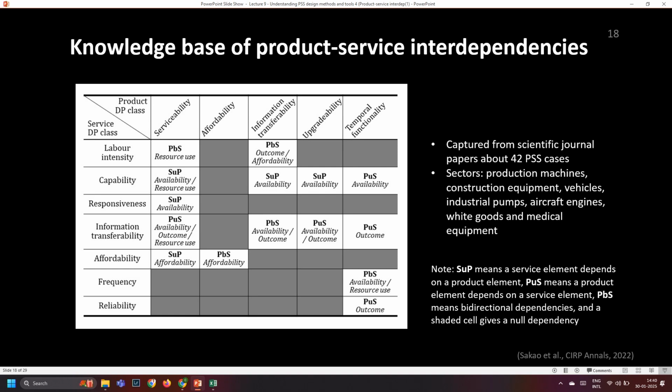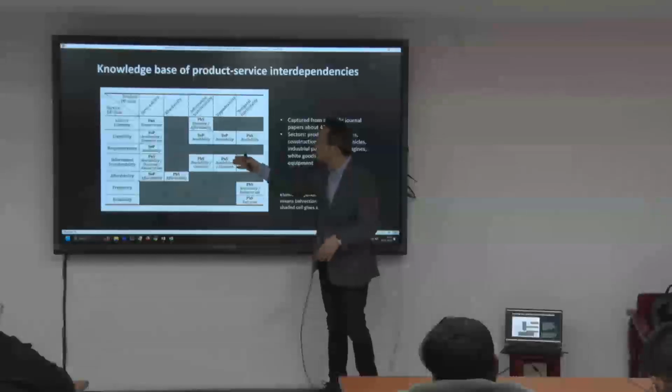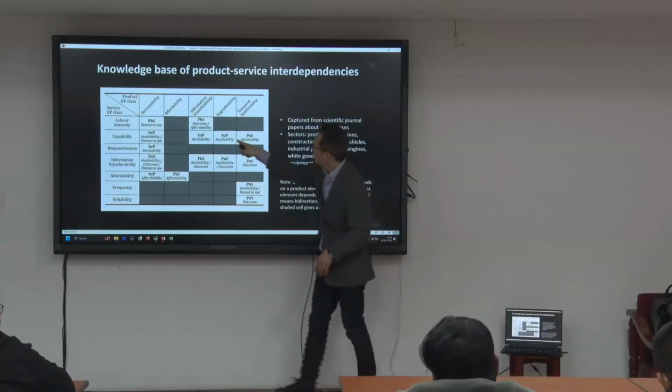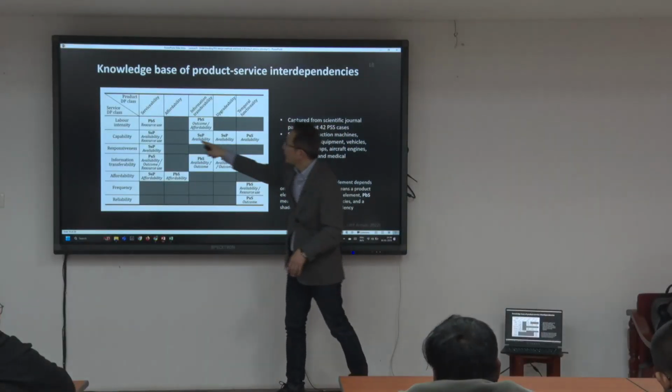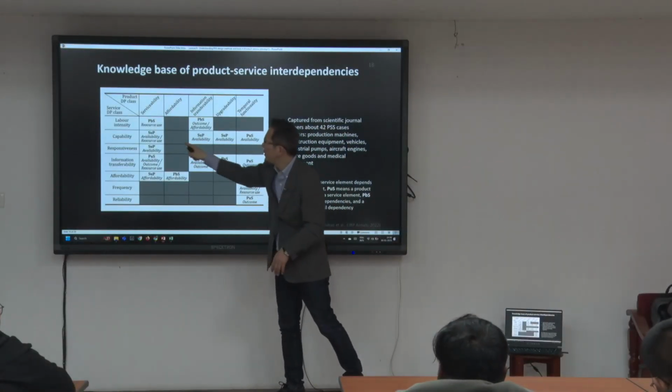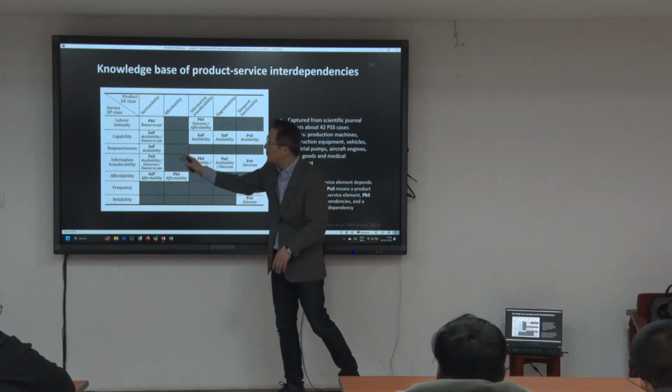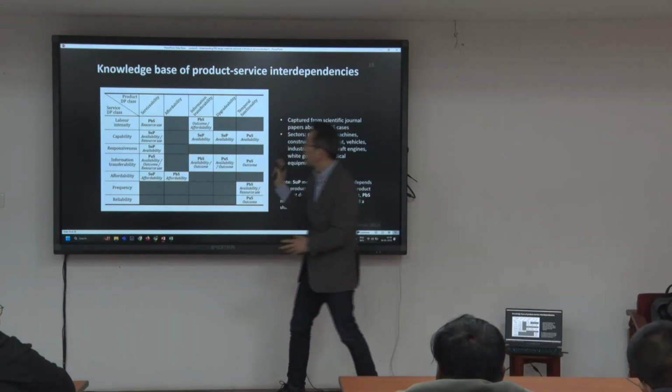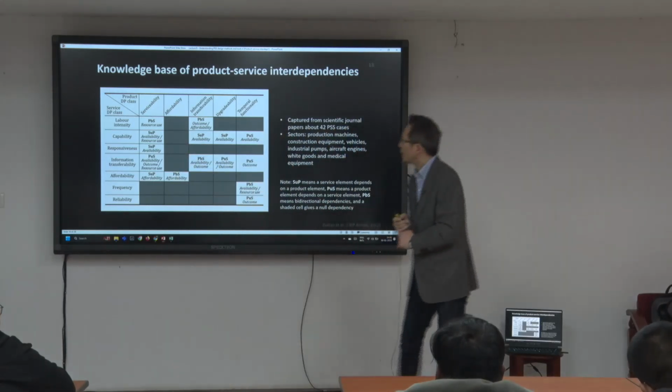And one more aspect shown on this matrix is the PSS design parameter classes, which are also shown in the matrix.